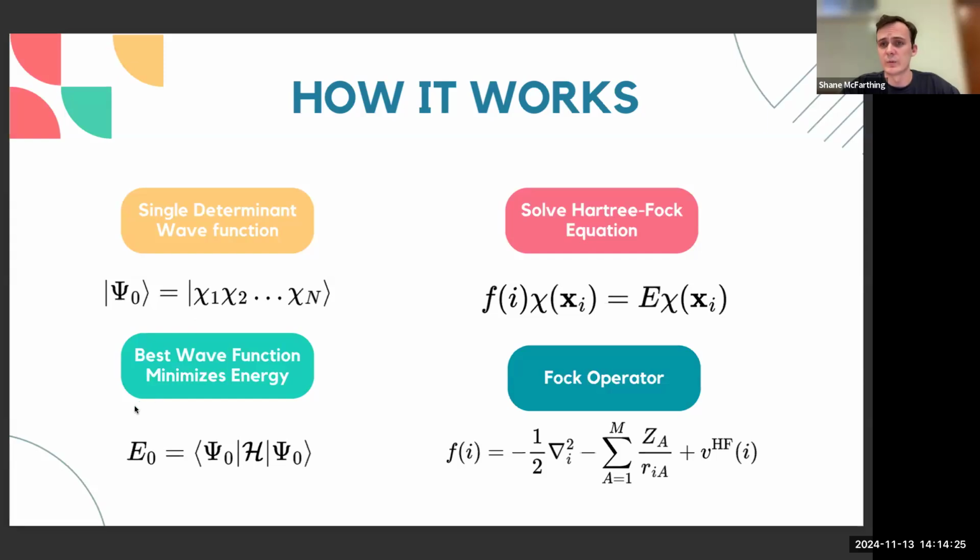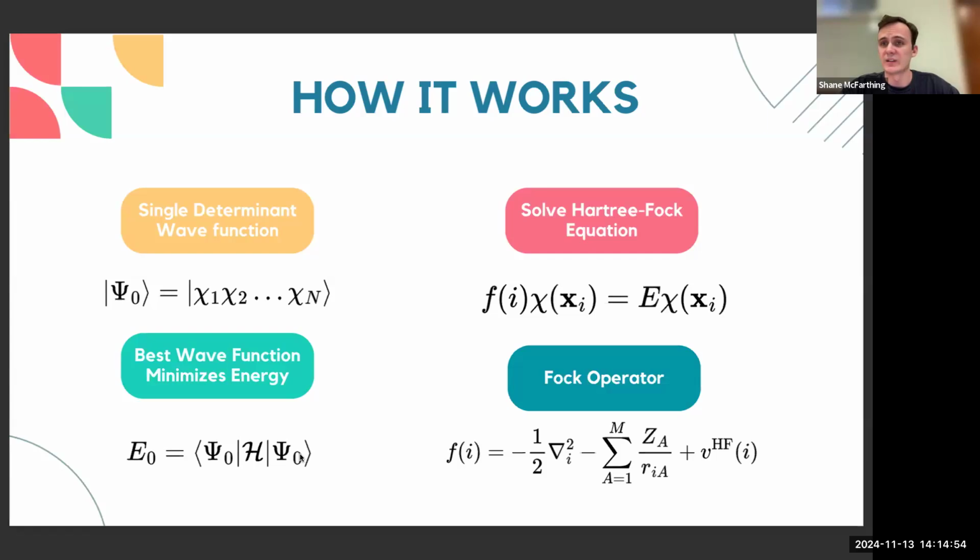And then what we know is that we get the energy as the expectation value of the Hamiltonian with respect to the wave function itself. So what we're doing is we're trying to measure what energy we get out when we apply the Hamiltonian to that state. And what we're trying to do is find the wave function that gives us the lowest energy, because that's how we find the ground state of a chemical system.